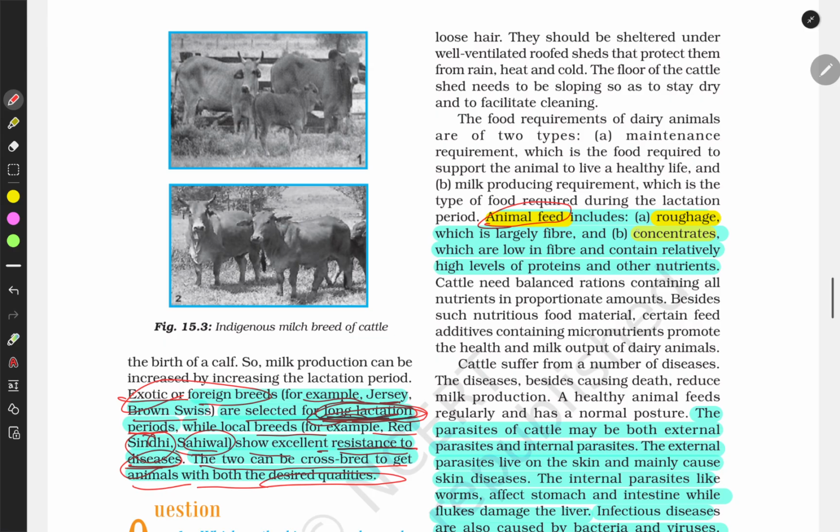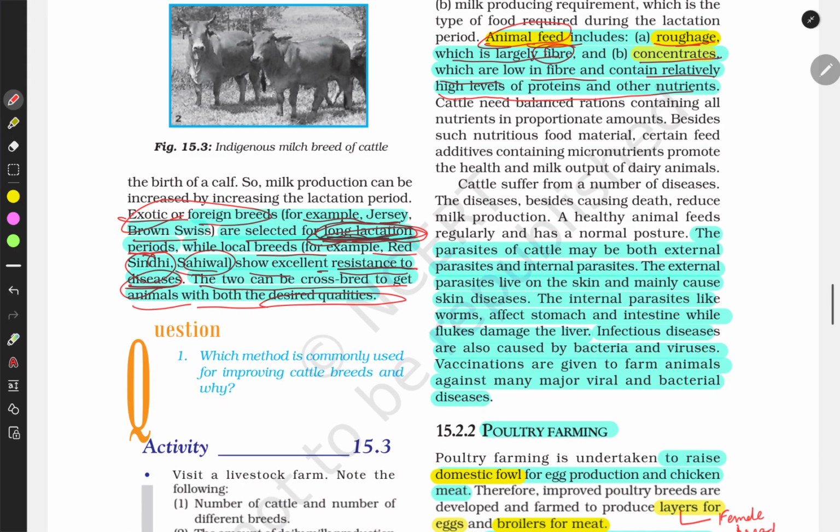And what do animals eat? Animal feeds include roughage, which is largely fiber, and concentrate, which is low in fiber and contains relatively high levels of protein and other nutrients. The parasites of cattle may be external parasites or internal parasites. The external parasites live on the skin and mainly cause skin diseases.